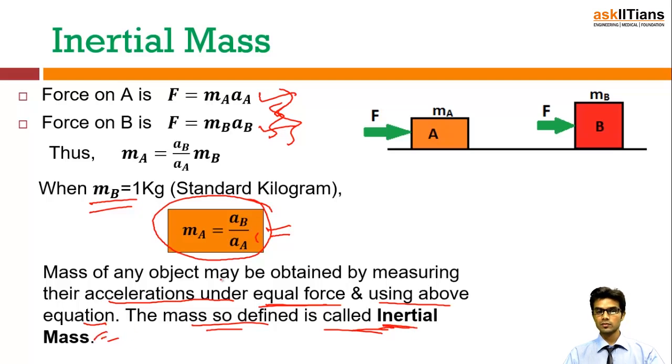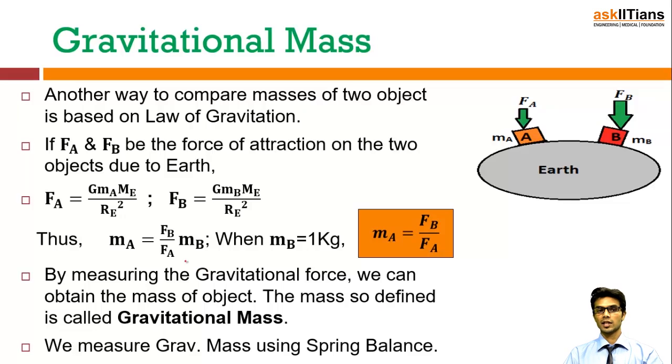Now gravitational mass. Another way to compare the masses of two objects is based on the law of gravitation. This is the second method. This is the earth, and the same two bodies, mass ma and mb, are kept on the earth's surface. The force of attraction on A due to gravitation will be Fa, and on B will be Fb.